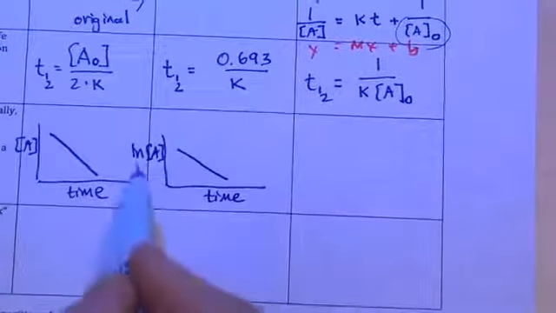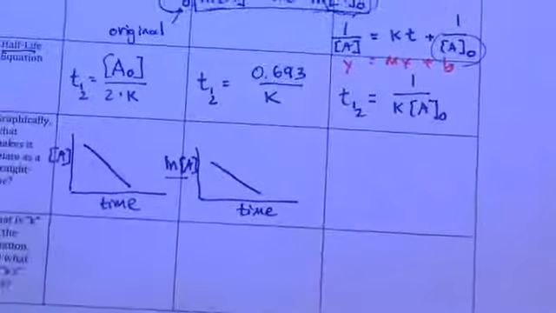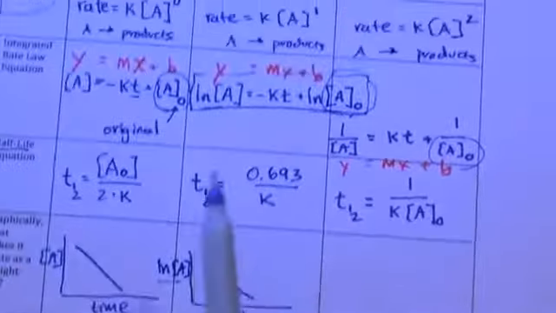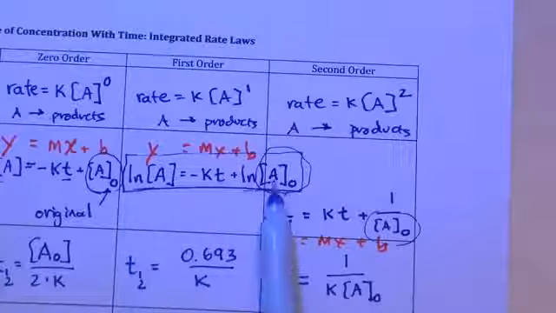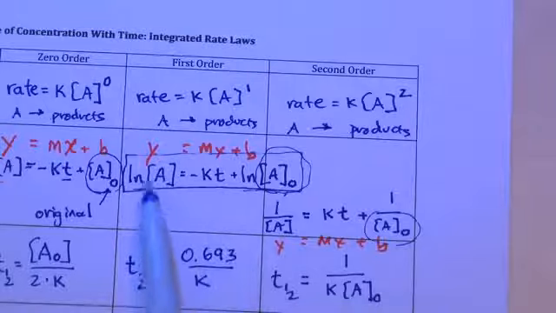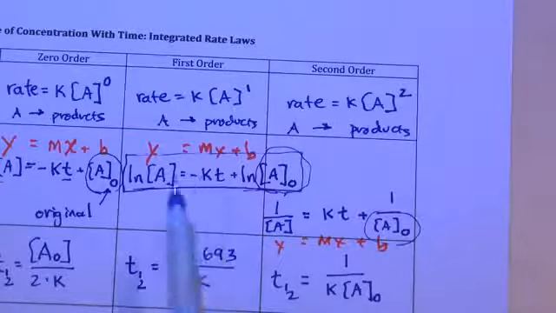Once again, notice it has to be natural log of concentration versus time. You need to memorize which ones give you a straight line, and one of the easiest ways to do that is just look at this equation in terms of a line and say, oh yeah, that's the y, that's the x, and look, it has a negative slope.